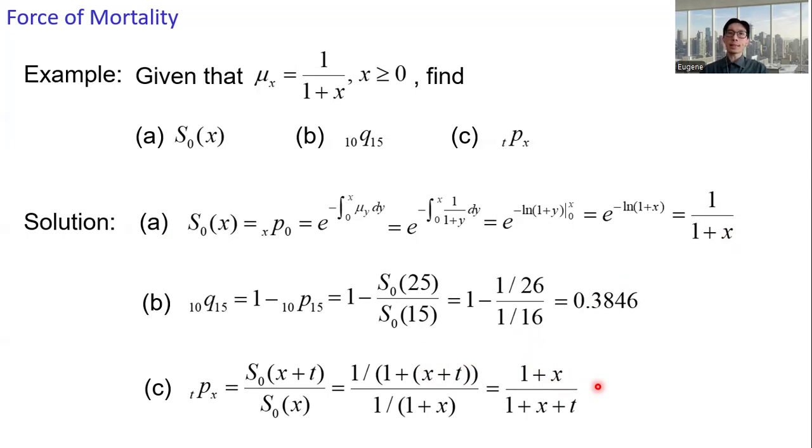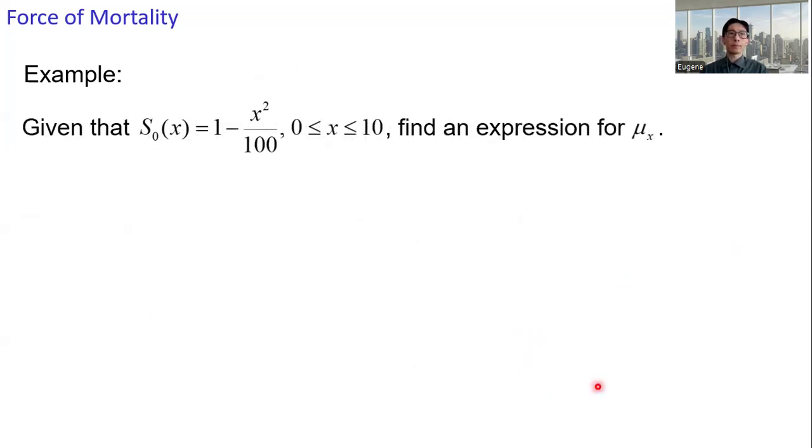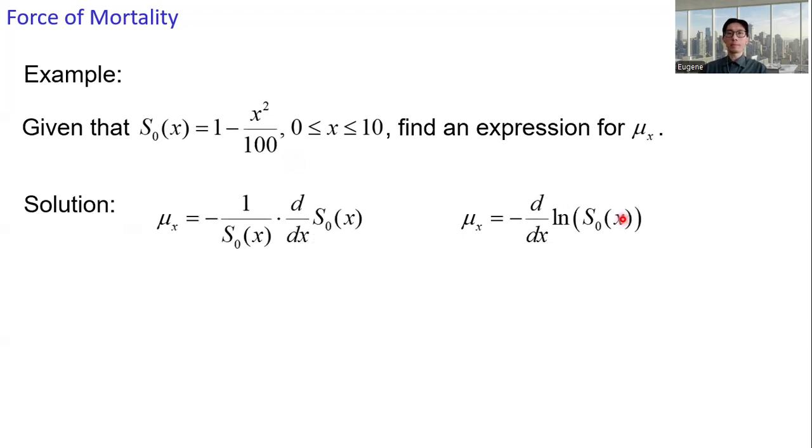All right, the second example. Given the survival function 1 minus x squared over 100, find an expression for mu x. We can get mu x in two ways. Since S0 here is a polynomial, we simply use the first expression here.